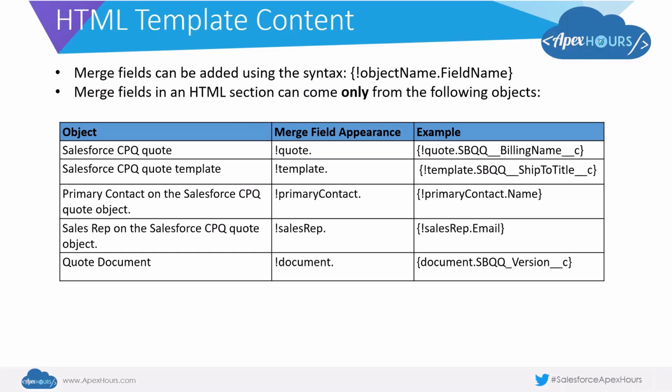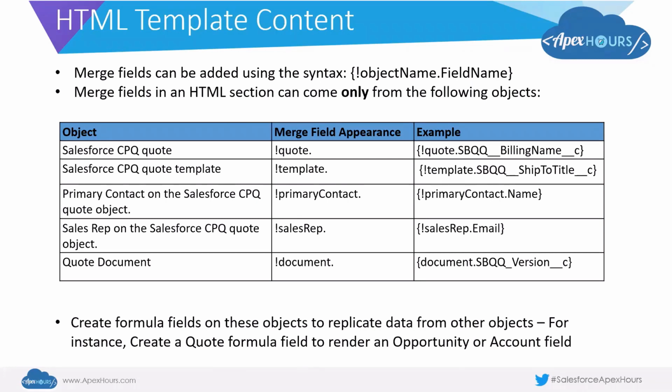If you want to dynamically fold in a building name from your quote, this is the typical syntax you would use: the brackets, then an exclamation mark, quote dot, because it's going to take it from the quote object, and the field it's interested in is the building name. I've used the field's API name here, SBQQ underscore underscore Building Name underscore underscore c, for instance. The same applies to the remainder of the objects listed here. So be very careful about the syntax you use for the merge fields in the HTML section.